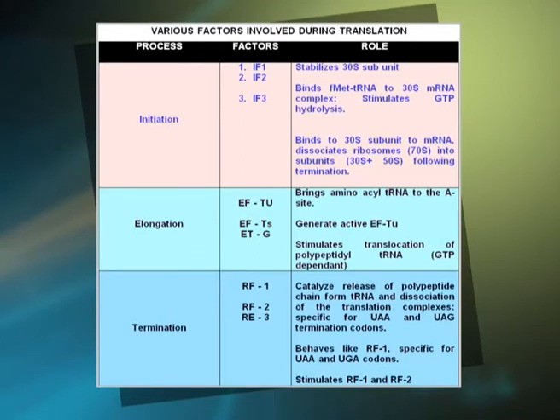The Shine-Dalgarno sequence lies within 10 nucleotides of the initiation codon. It places the initiation codon in the appropriate position in the 30S subunit to bind to the initiator tRNA, fMet tRNA. To bind tRNA to the 30S subunit, IF2 and GTP are required. IF3 dissociates from the 30S subunit upon the binding of fMet tRNA.